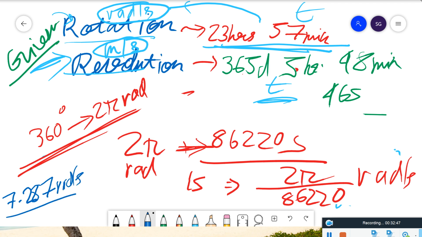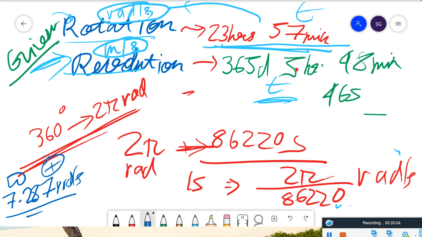I have done the approximation after 3 decimal places, so it is also an approximate answer, 7.287 radian per second. This I have got as the omega, and this is plus, no issues.